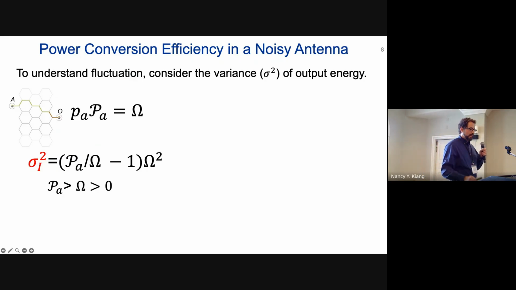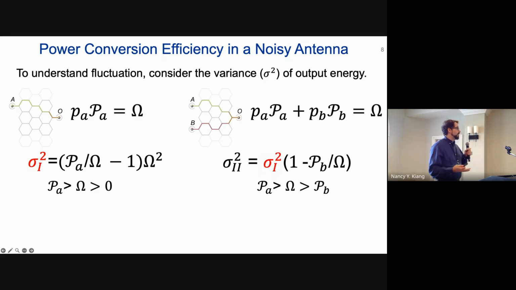But something interesting happens when we consider having a second input channel. And that is, if you write down the variance of the two-channel system, it is equal to the variance of the single-channel system times some factor which is less than 1 if you set this ordering up.